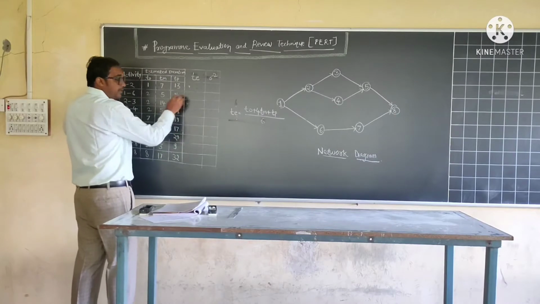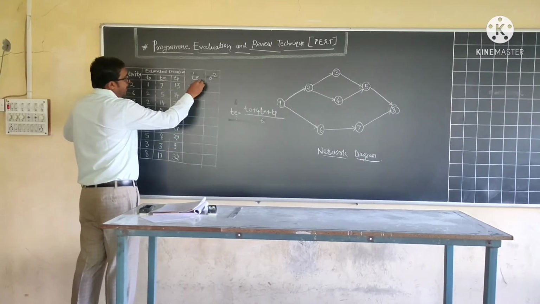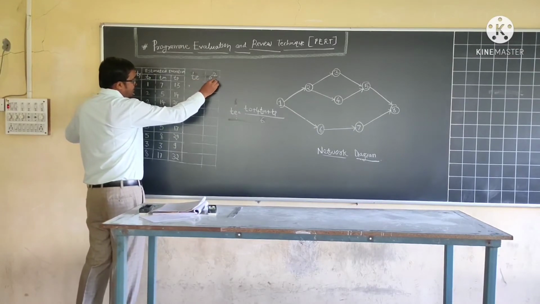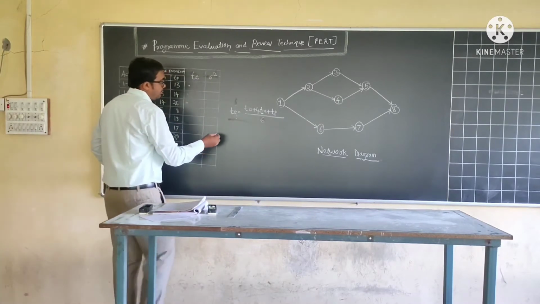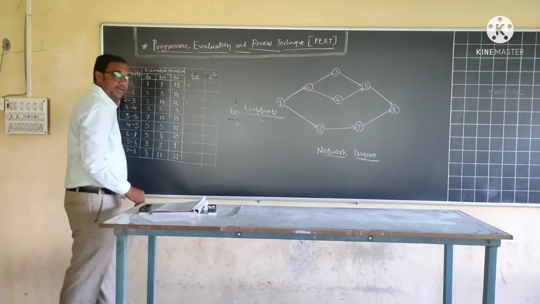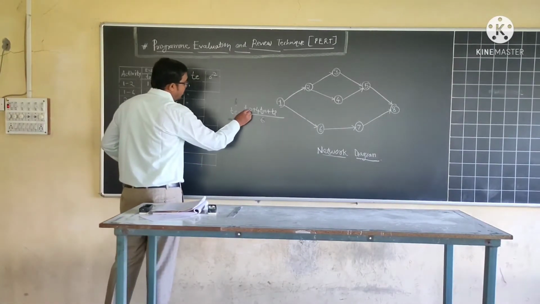First of all, we need to add two columns here, TE and sigma square. Sigma square is the variance and TE is the expected time. Depending upon the data, we first calculate the expected time of activity 1 to 2. What is the formula?